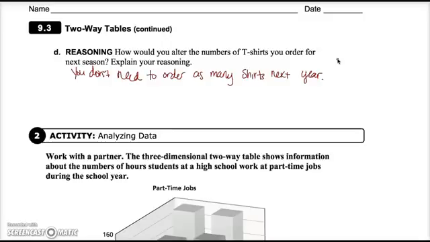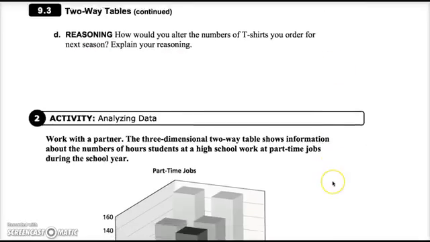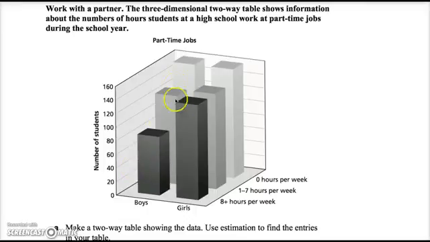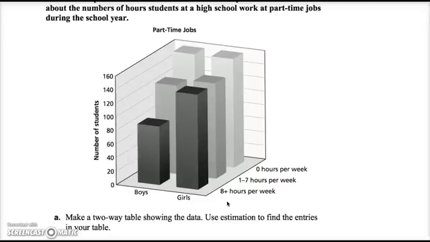Now let's move on down and look at activity 2. It says the 3-dimensional two-way table shows information about the number of hours students at a high school work at part-time jobs during the school year. Okay, so we have the boys over here, girls over here, and those that work 0 hours a week, 1 to 7 hours a week, or 8 or more hours per week.